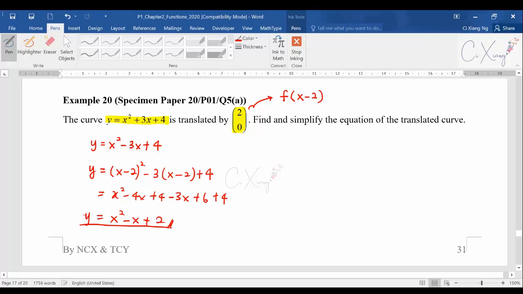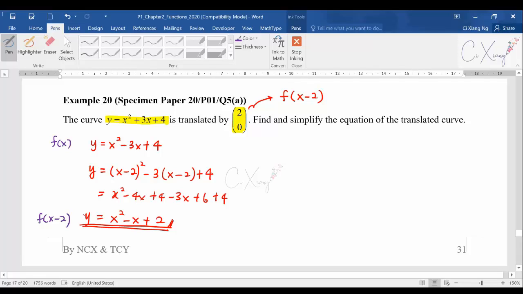So generally, this is your original function for x, and this is actually the function f(x minus 2) after you do the translation. All right, so this is how we solve this kind of question, and they want to simplify the equation of the translated curve.